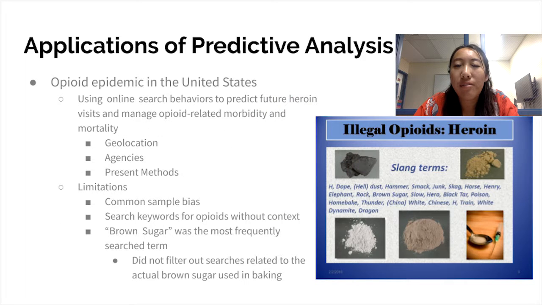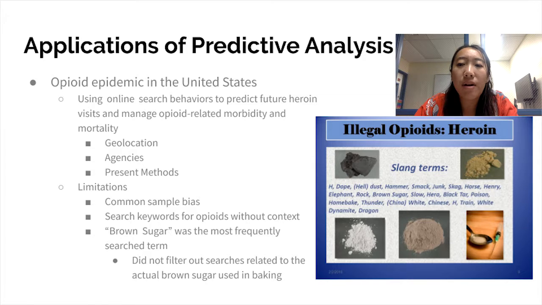This article about the opioid epidemic portrays how online search behaviors are used to predict future heroin visits and manage opioid-related morbidity and mortality. Geolocation of search behaviors can detect a more precise area of increased opioid-related search terms. Therefore, public health officials can proactively help educate the targeted community about opioid overdose.